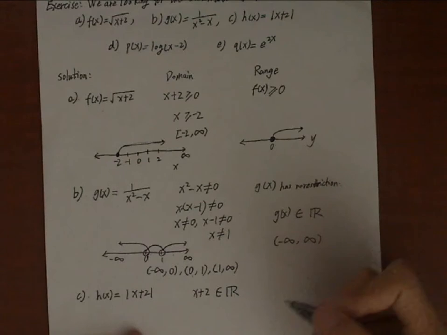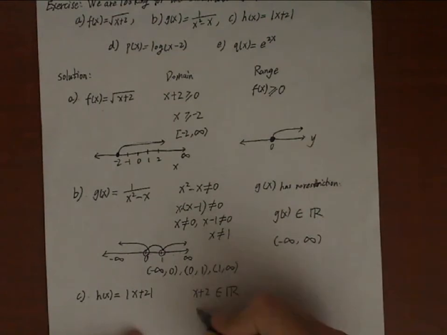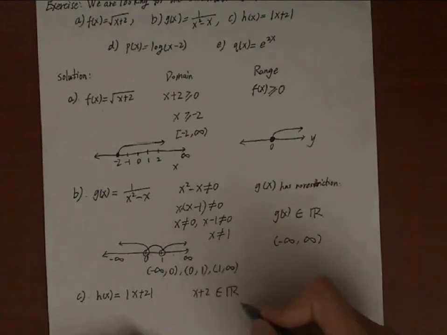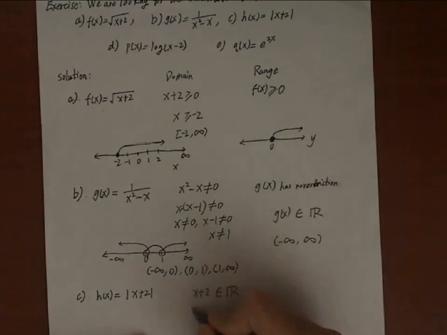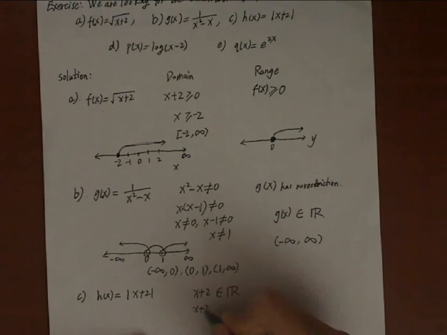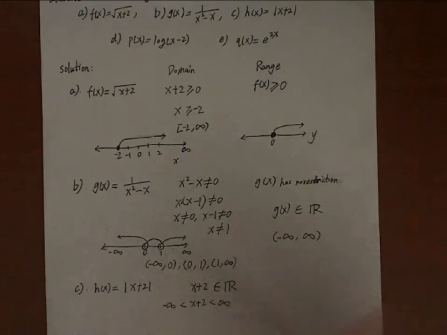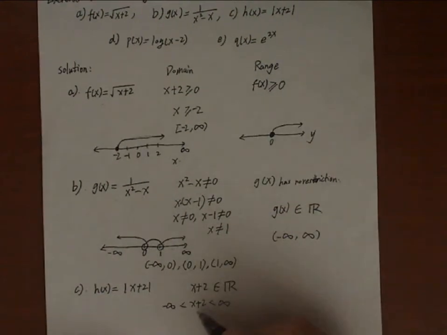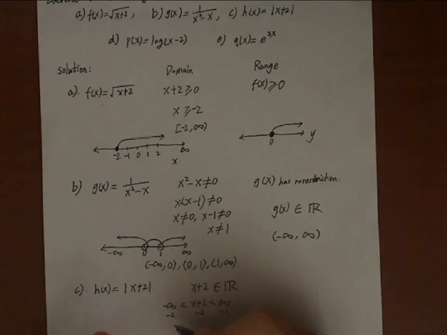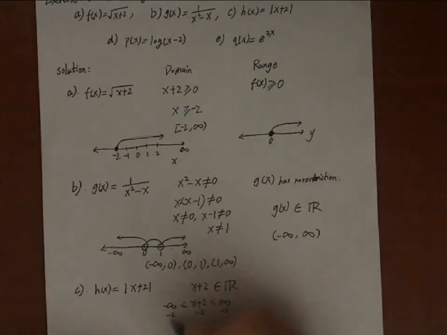Okay. If you look at the set, x plus 2 is all real numbers. Think of x plus 2 as being bounded by negative infinity and positive infinity. But if you minus 2 on both sides, negative infinity minus 2, if you go for a limit, it doesn't really minus anything, because this infinity is so big.